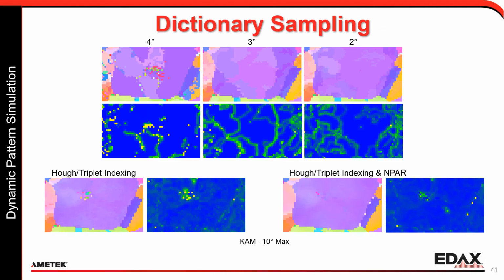Because of this discrete nature of dictionary indexing, the step size used in sampling orientation space will very much affect our ability to capture smooth features in grains, like an orientation gradient within a deformed grain, as you see here.